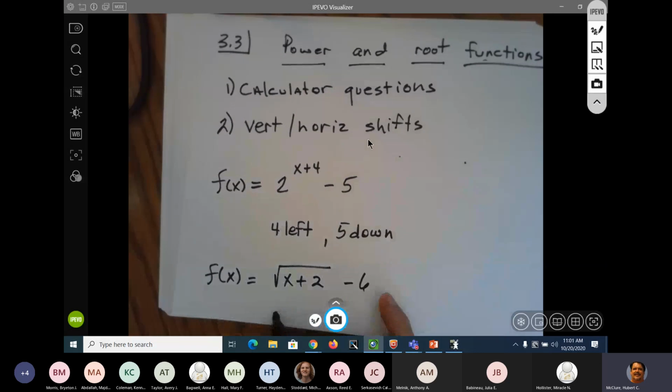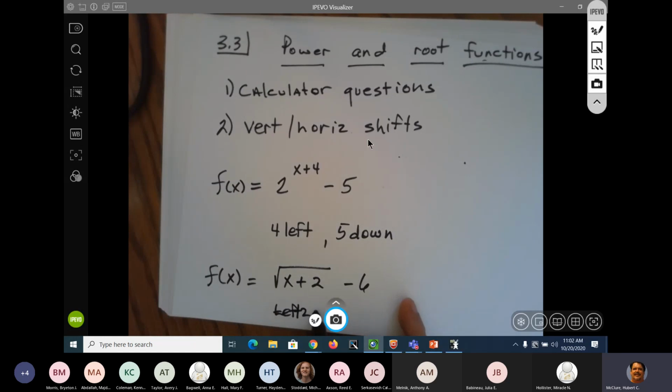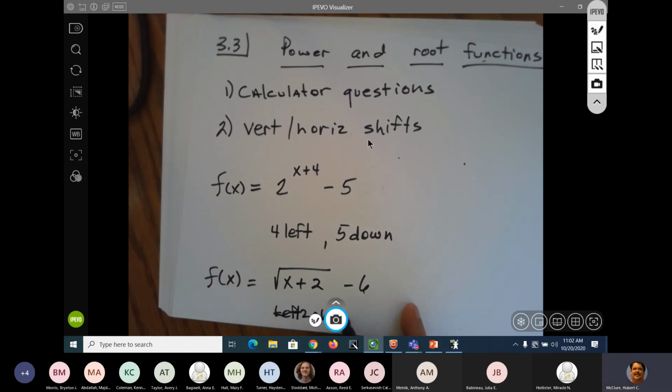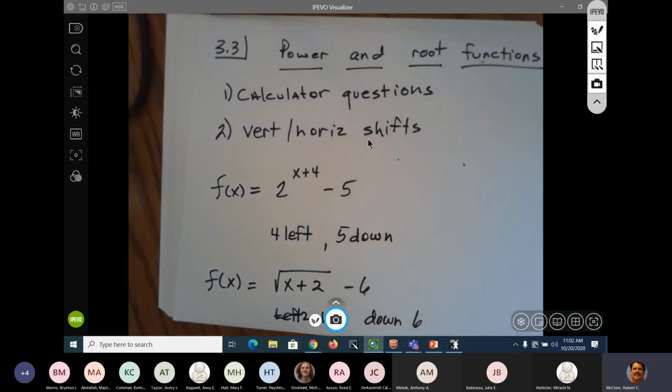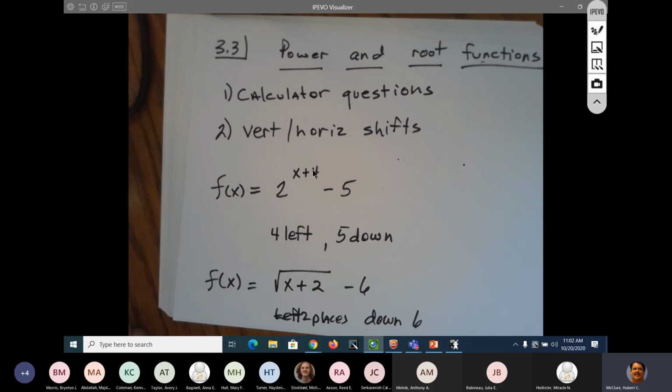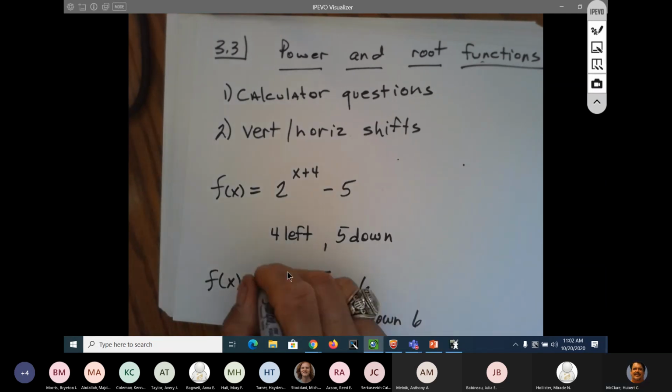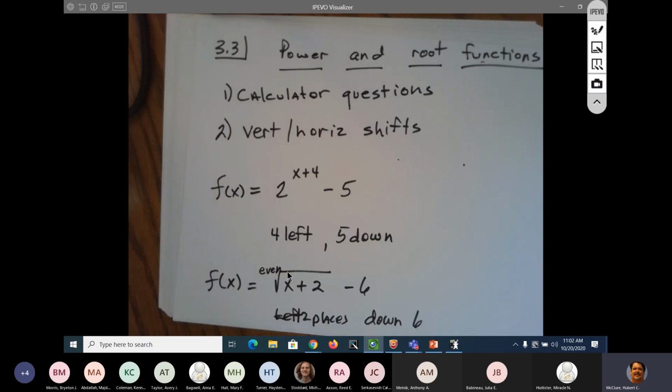Well, you got left 2 places, and down 6 places. So those things that you learned with horizontal and vertical shift, they still apply, except that they're written a little bit different. Also, the domain will be affected with a radical. When you have a radical and it's an even root, your domain is going to be affected.